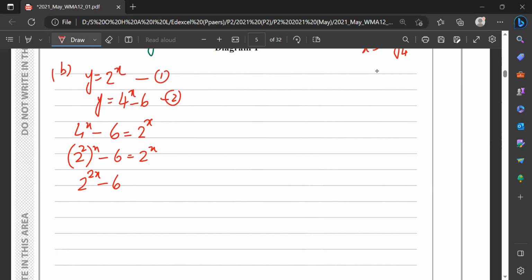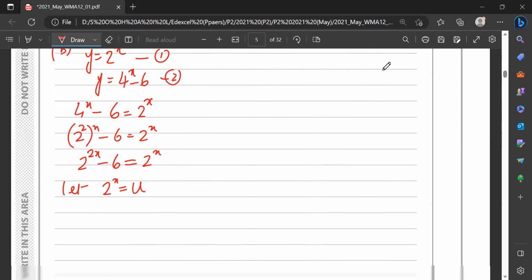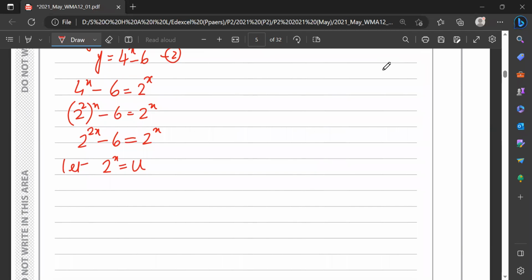So we have 2 power x and we have 2 to power 2x. Let 2 to power x be equal to u, just for convenience. After squaring, 2 power 2x equals u squared.